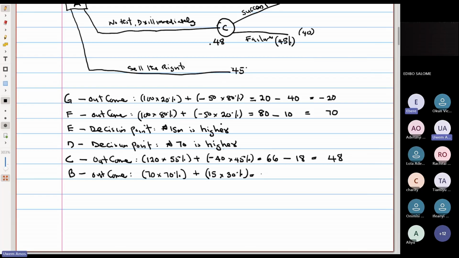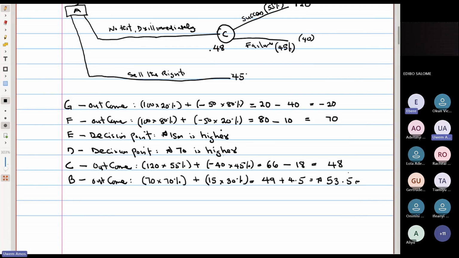So 70 times 0.7 is 49 plus 15 multiplied by 0.3 is 4.5. Okay, so what do we have? $53.5 million.